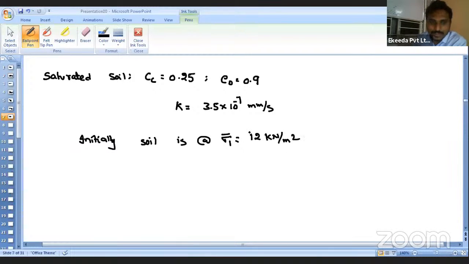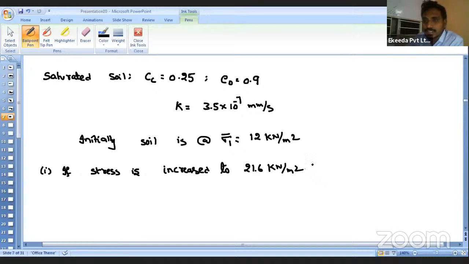In the first case, the stress presenting in the soil is increased to 21.6 kilonewton per meter square. So initially, what is the effective stress at the soil sample? 12 kilonewton per meter square.